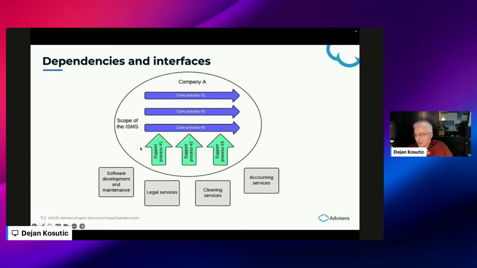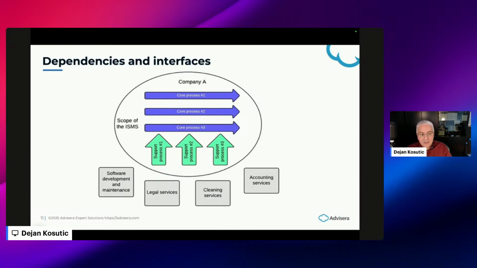And then you define some external services that you're using. So let's say that you're using software development and maintenance, legal services, cleaning services, accounting services. So these are external services. Now, what are the dependencies and interfaces? So let's analyze these accounting services, right? If you are incorporated as a company, then you need to do some accounting. If you're not big enough, you're using an external service, which is, I would say, 90% of the cases for smaller companies.